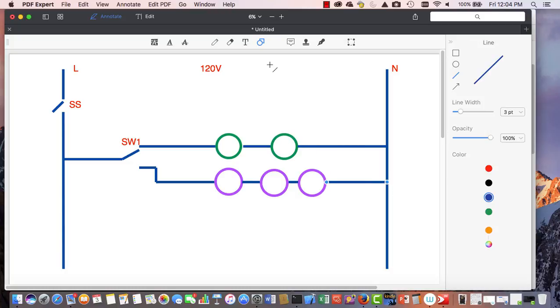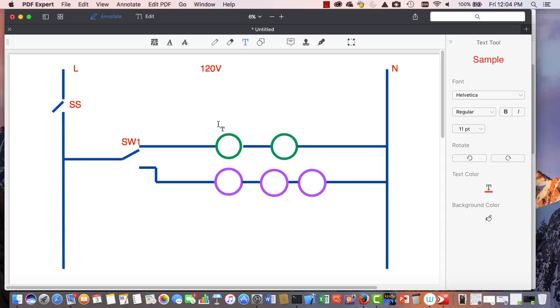Now we can't forget to label, because that will just cause problems. If we don't start labeling on simple circuits, we're going to have problems as time goes on with more complex circuits. So get in the habit of labeling things to start with.